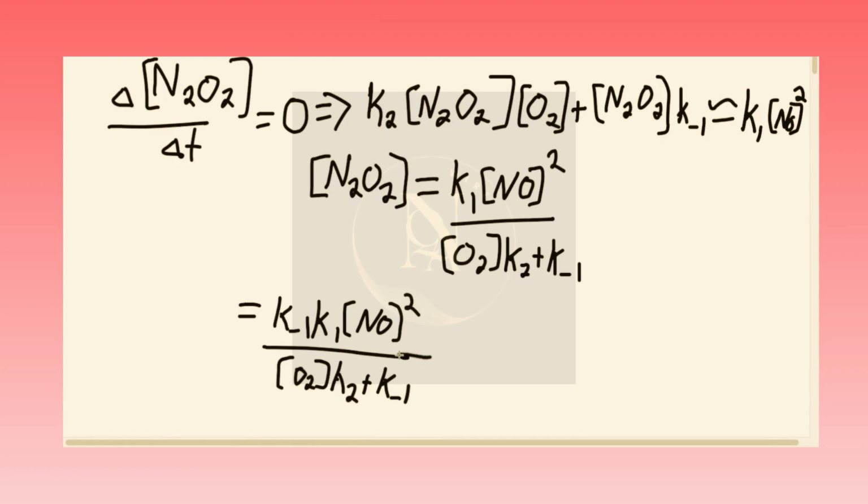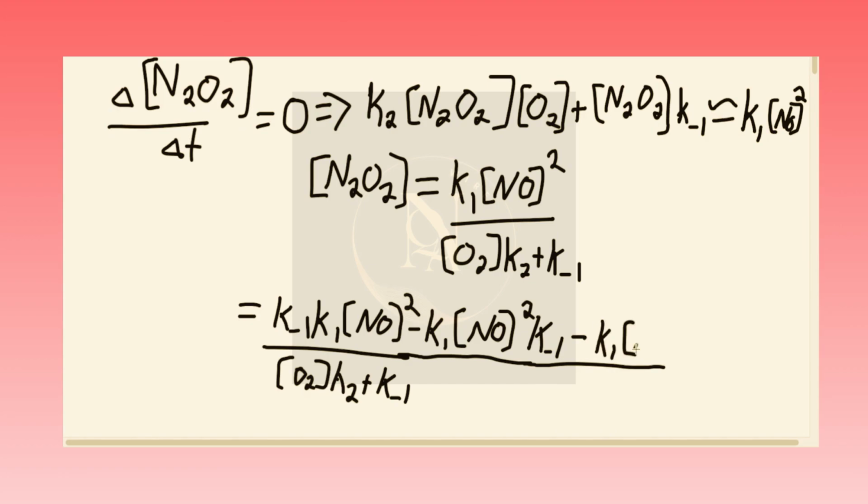And because we want it all to be under a common denominator, I'm going to expand this out. That's going to be minus k₁[NO]² times k₋₁, and then again minus k₁[NO]² k₂[O2]. Goodness, that's a lot to take in.